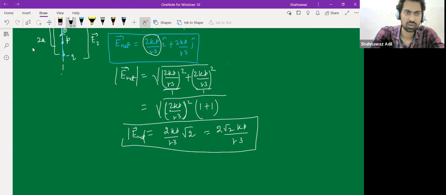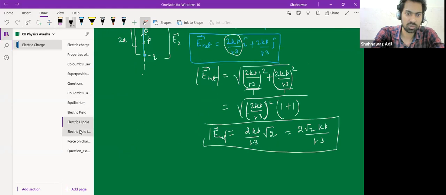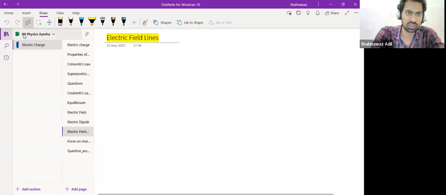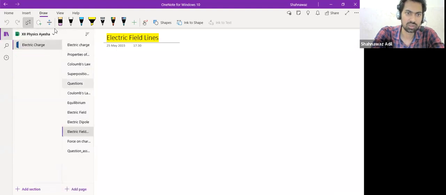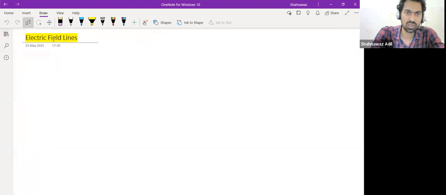Okay, so let us move on to the next topic, which is electric field lines. Why do we need these electric field lines? Because we know about the electric field, so why do we need electric field lines?